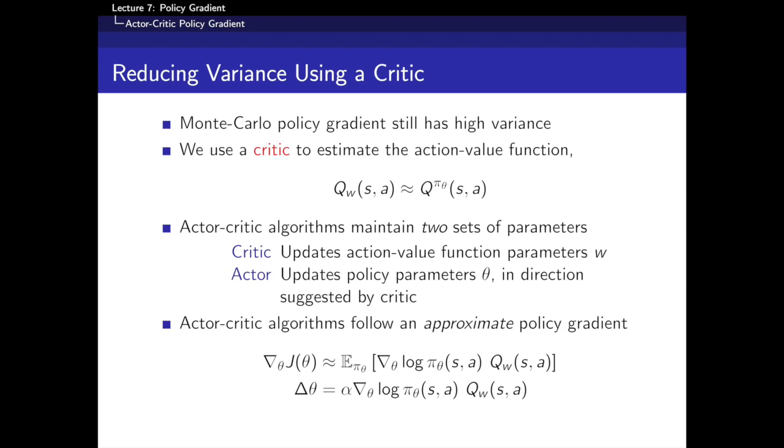So we're going to combine those two things together, the actor and the critic, and the main idea is now to use an approximate policy gradient instead of the true policy gradient. We're going to adjust the actor, we're going to adjust the policy in the direction which, according to the critic, will get more reward. So the critic's going to say, hey, I think that if you go in this direction, you can actually do better, and then the actor's going to move in the direction of that gradient.